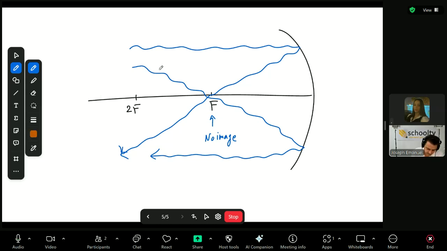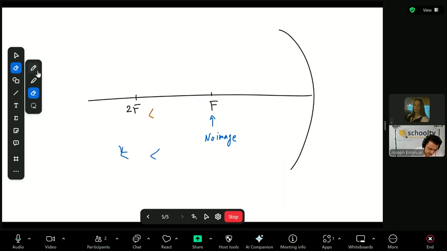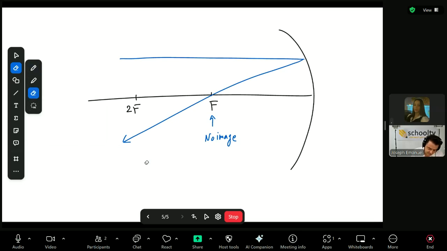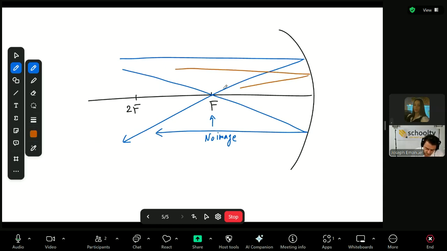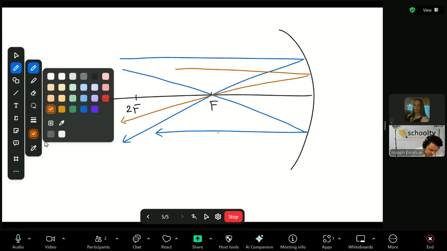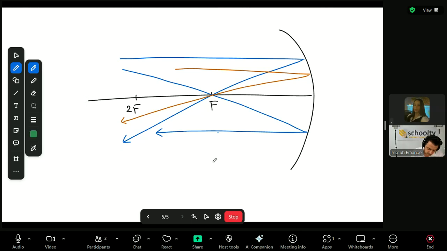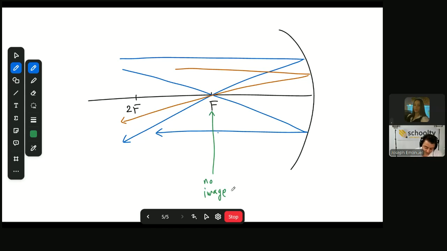If you draw, it can give you some idea of how the image looks. This is one light wave, and this is the second one. So at this point there's no image. You can see that all the lines pass through this point, so you cannot have an image here. What about between F and 2F?